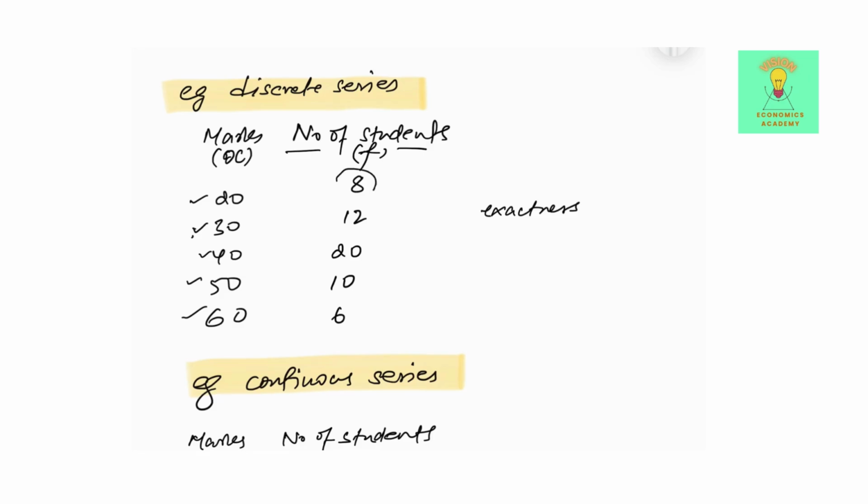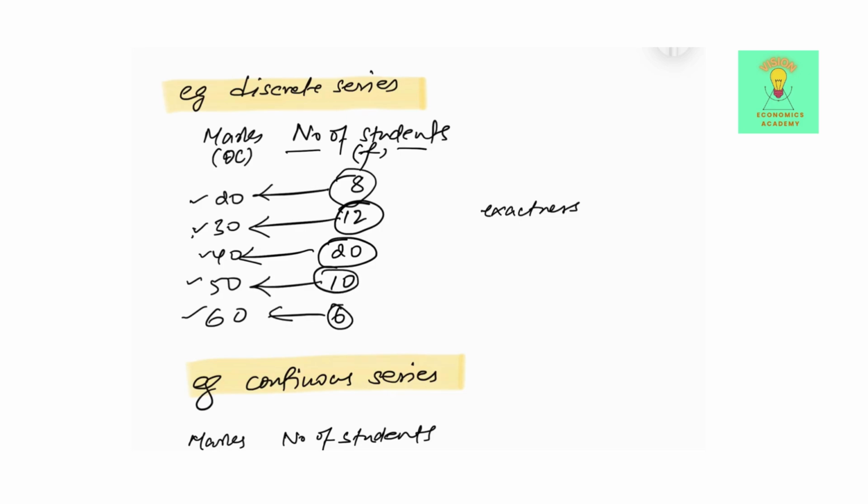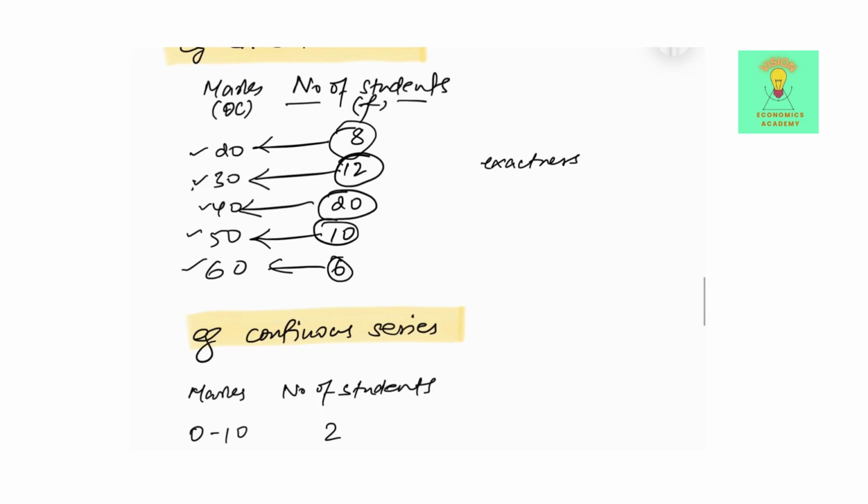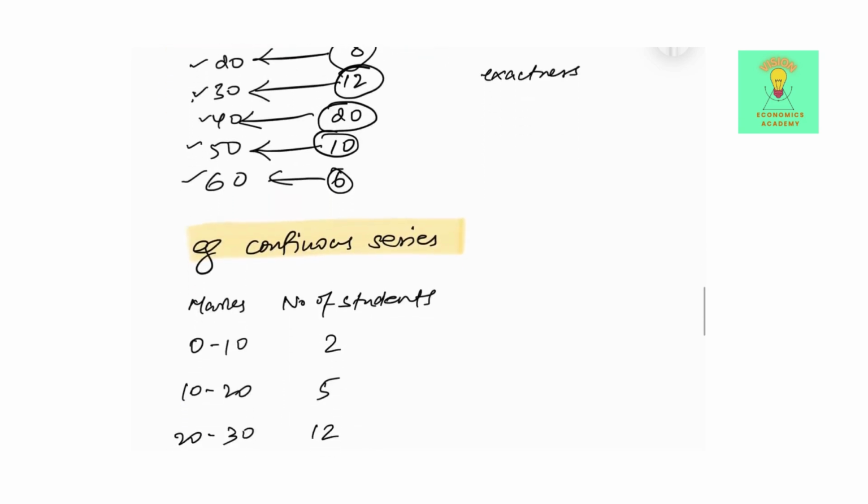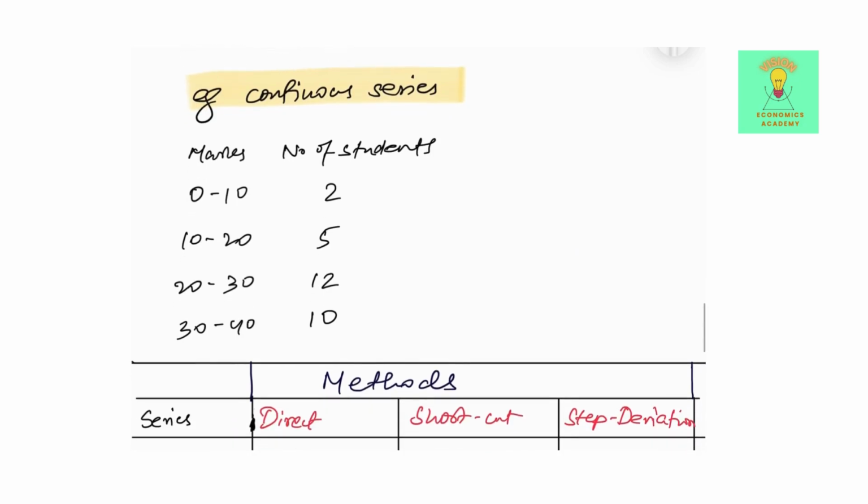That means 8 of the students have got 20 marks exactly. 12 of the students have got 30 marks. 20 of the students have got 40, and there are 10 students who have got 50 and 6 students who have got 60. So if the data is given in this form, that is a discrete series. Then the other one is continuous series, where you have the class interval and there is frequency, right?